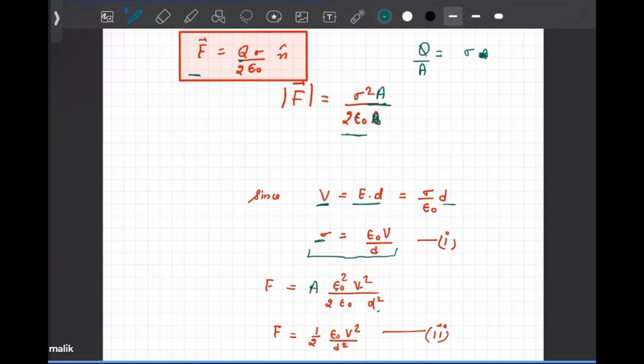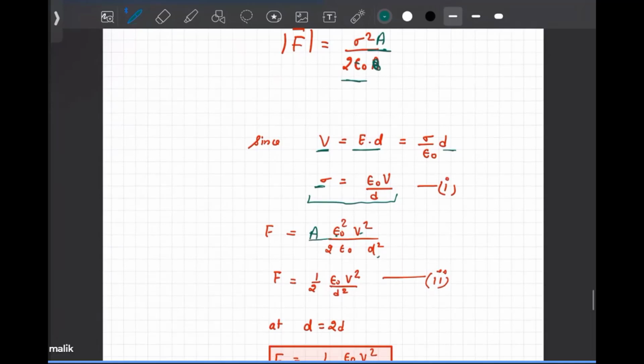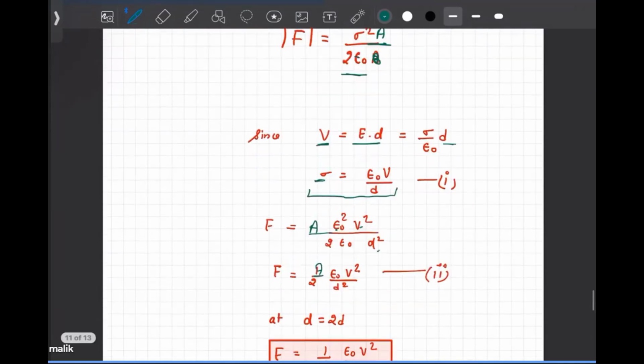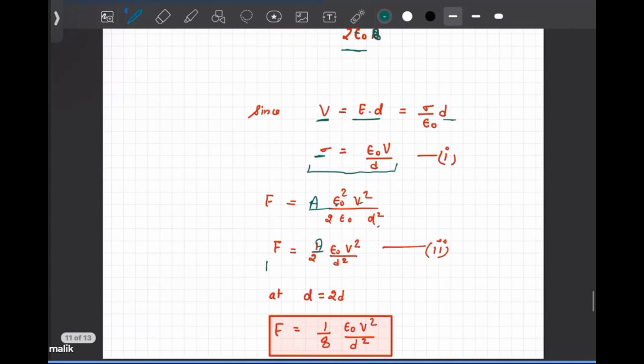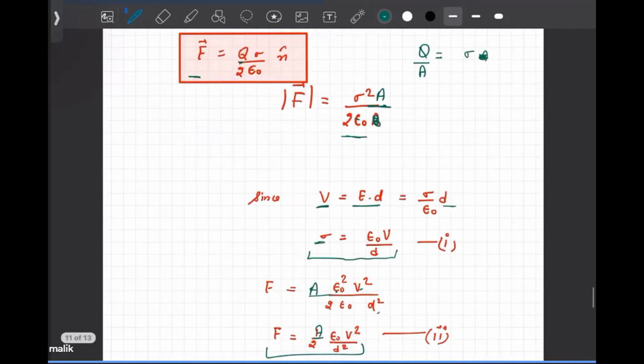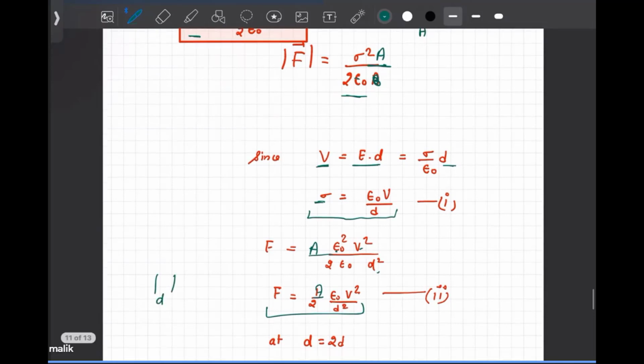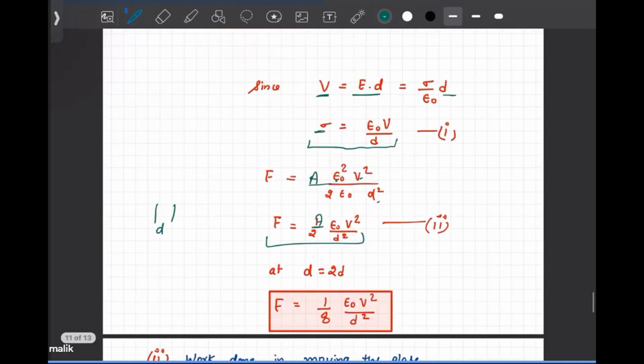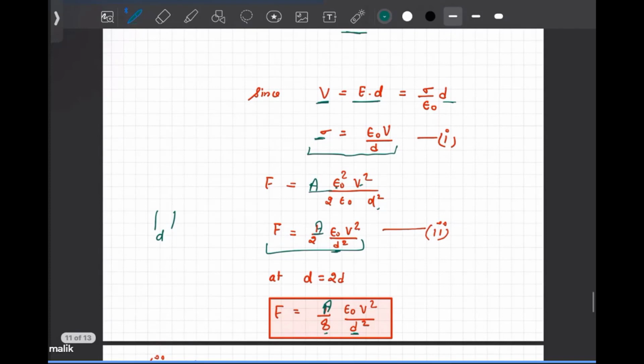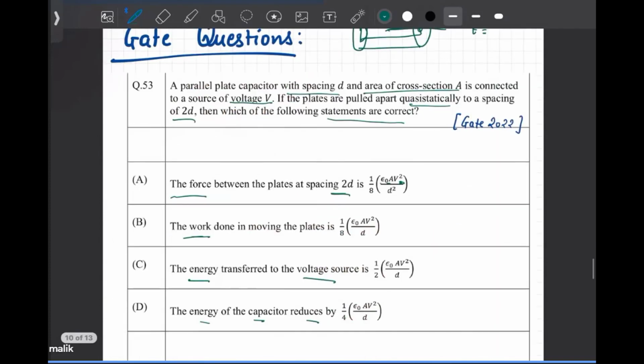This is the force when the distance between the two plates is d. Now when the distance is 2d, this quantity becomes 4 times smaller, so 1 by 8 epsilon naught A V square by D square. So this is the right option.